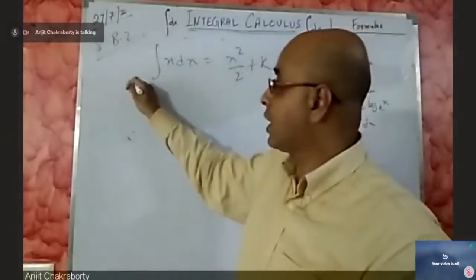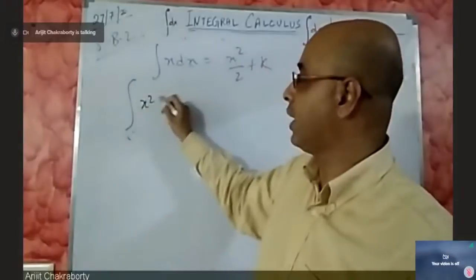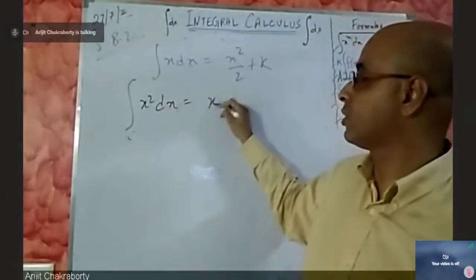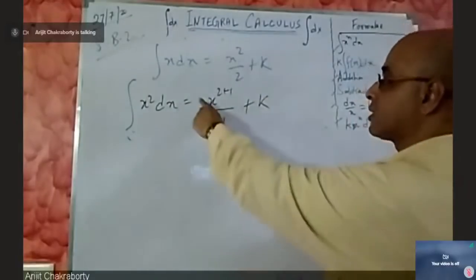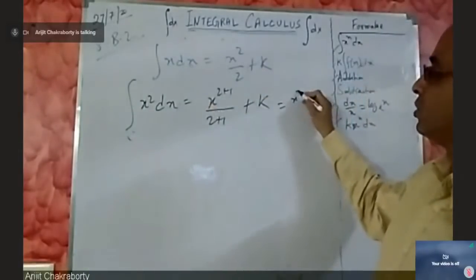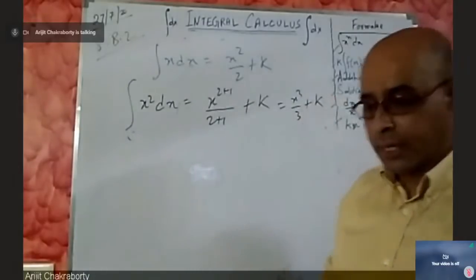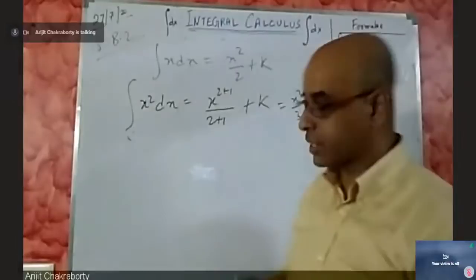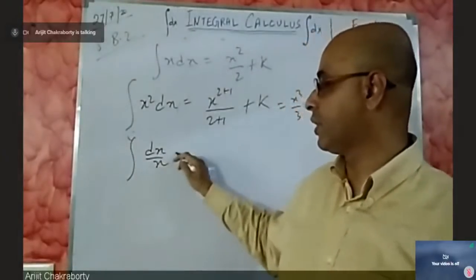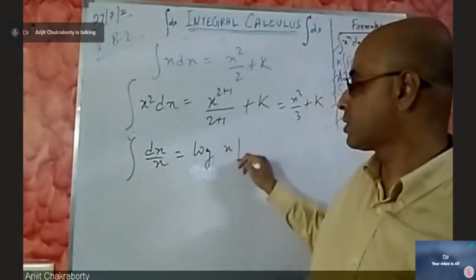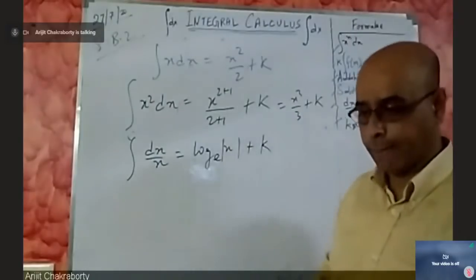If it is x square dx, then it will be x to the power 2 plus 1 by 2 plus 1 plus k, that is x cubed by 3 plus k. Similarly, if f(x) is 1 by x, then dx by x becomes log x to the base e plus k.